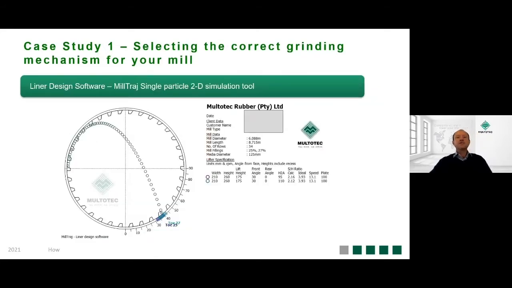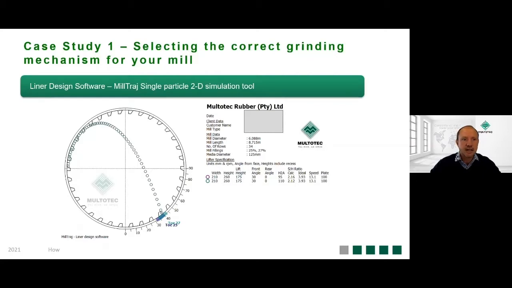Then I've added 2 slides on the software that we use during the liner design process. We basically use Multotec as a single particle 2-dimensional simulation tool. We also use the discrete element method that focuses more on the 3D simulation of particles, the movement of particles, and we will look at that just now.